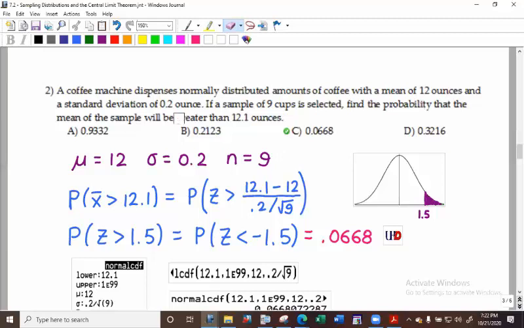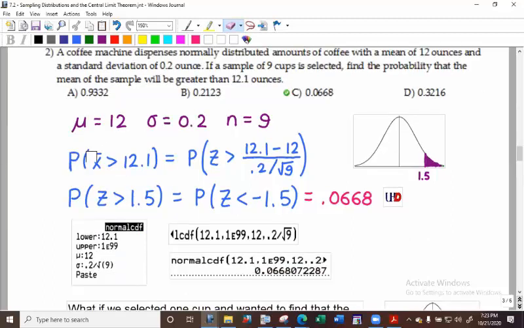Find the probability that the mean of the sample, in other words, you're selecting 9 theoretically, and we want to know the probability that the average of those 9 coffee cups is greater than 12.1. For an average of 9 to be greater than 12.1, you've got to get quite a few good ones, since the mean is 12.